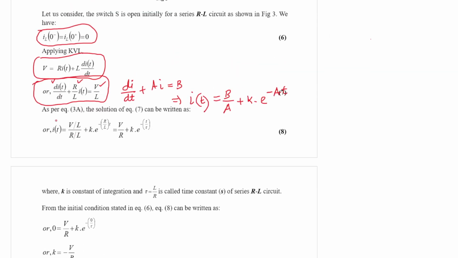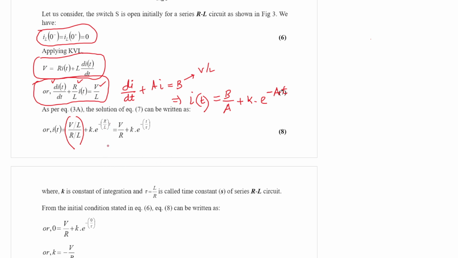So let us explore that. i(t) is equal to, now what is B? B is equal to V by L. And what is A? A is equal to R by L. So we have V by L by R by L plus K e to the power minus R by L into t.